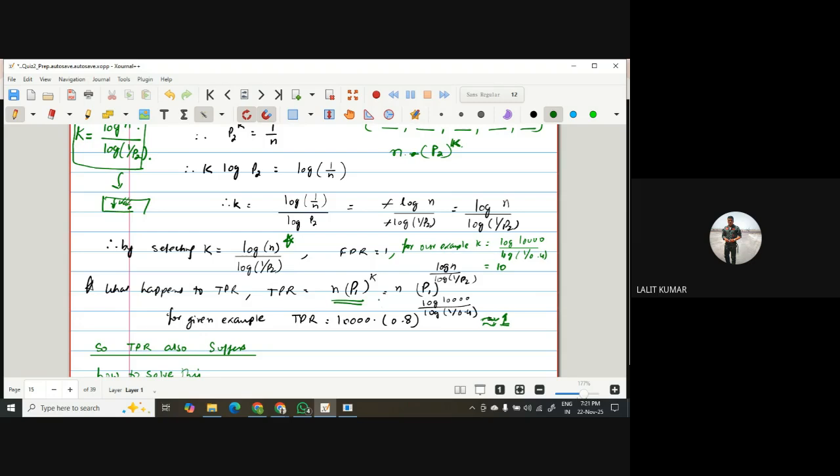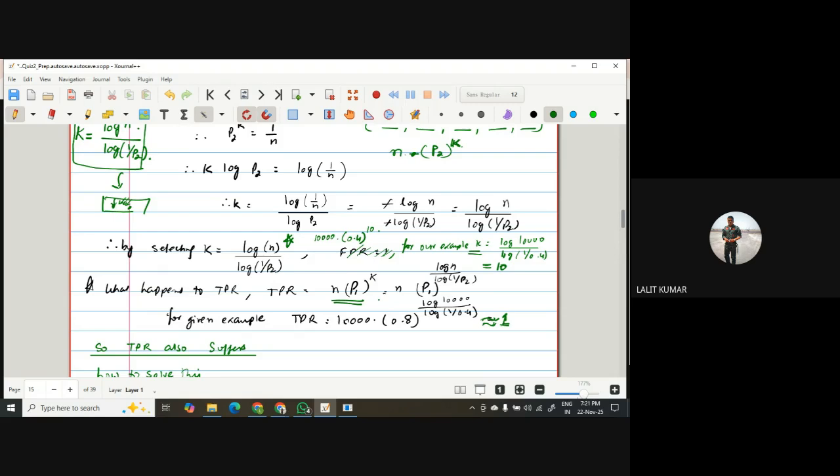It just said that for our example, the k value comes around 10. Okay, just remove this. For the k value of 10, you now find the number of points. So this will become 10,000 into 0.4 to the power k, which is 10.